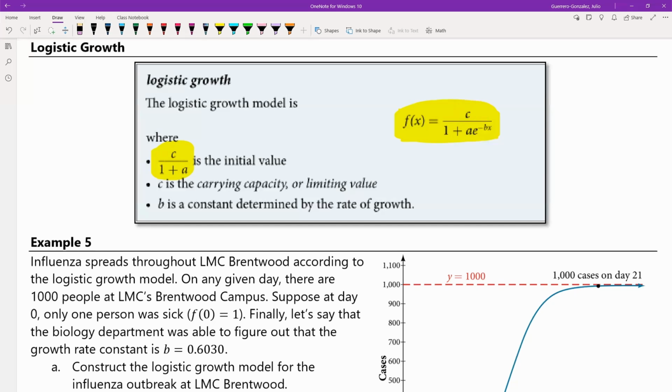And then last, this thing has a B. It's a constant growth rate, but we call it the logistic growth rate. There's not much more I can explain behind the logistic growth rate other than that's what it's called. If you need to know more, the explanation for B is going to show up in your differential equations class.